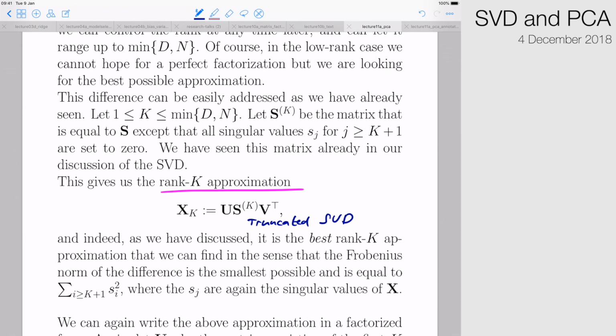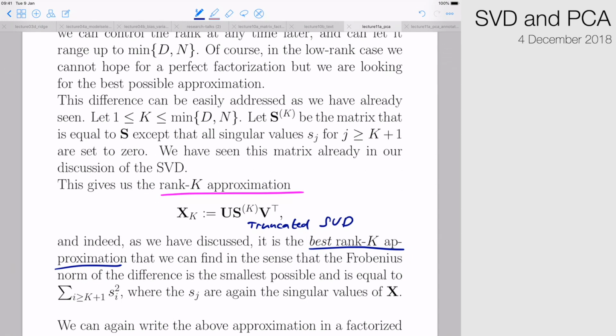This is saying that you get the best rank K approximation to X, which is written here. And why is this? It's shown in the lemma, which is like the main theorem about the singular value decomposition. You can really ignore the text here, don't worry.